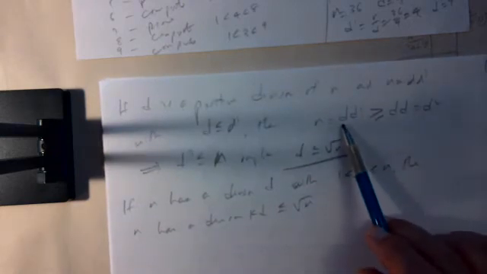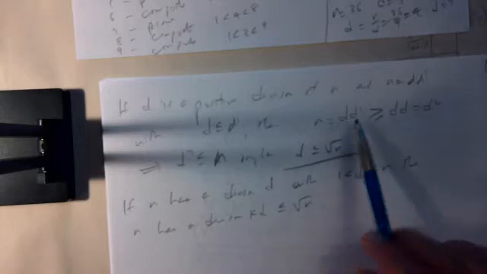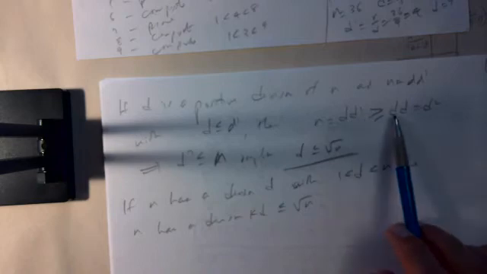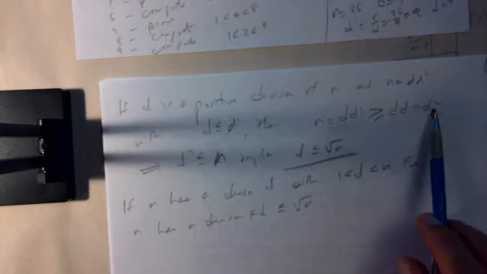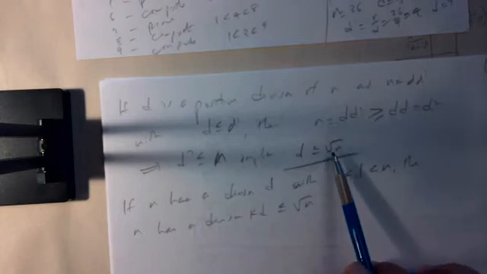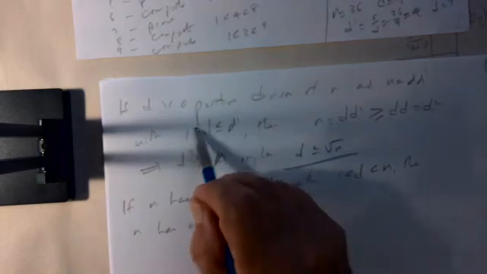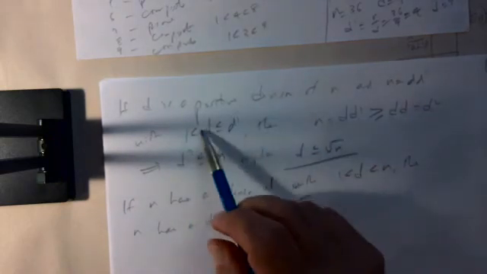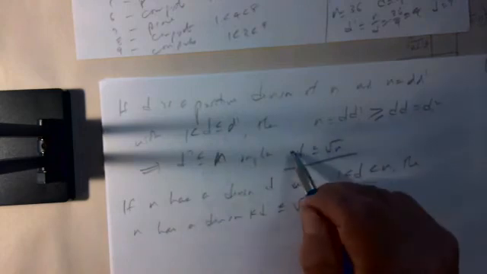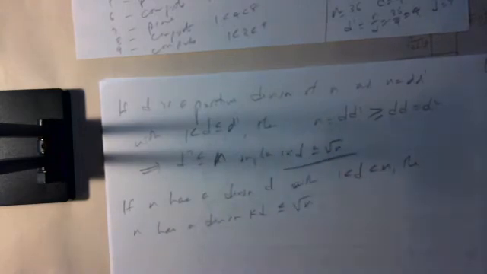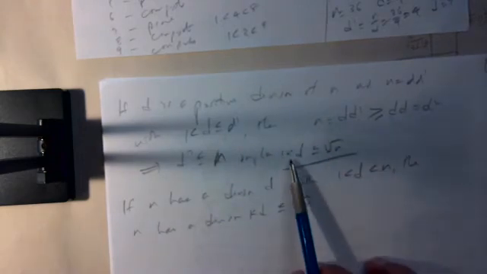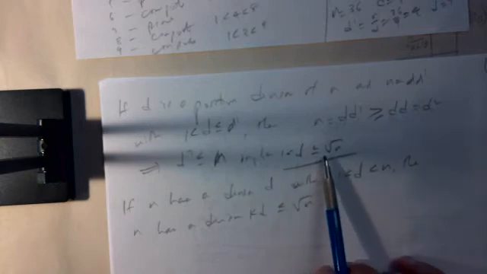So all this says is, if a number is composite and you factor it into D times D prime and pick D to be the smaller of the two factors, n is at least D times D, or D squared. So D is less than or equal to the square root of n, and D is greater than 1. So if a number is composite, it has a divisor no bigger than the square root of the number.